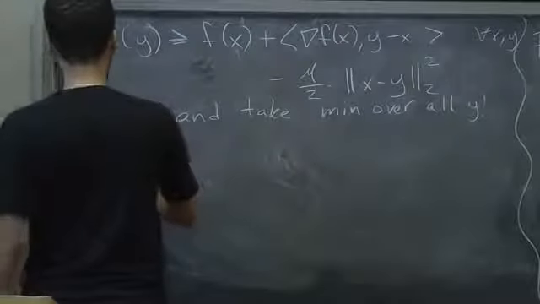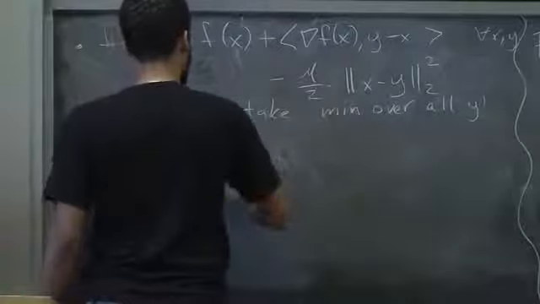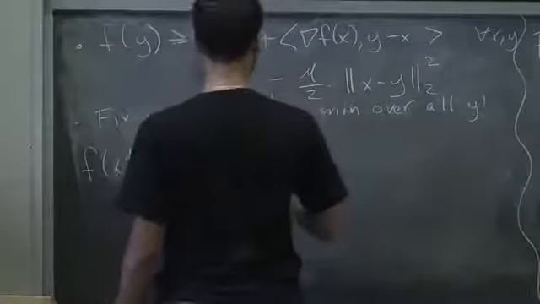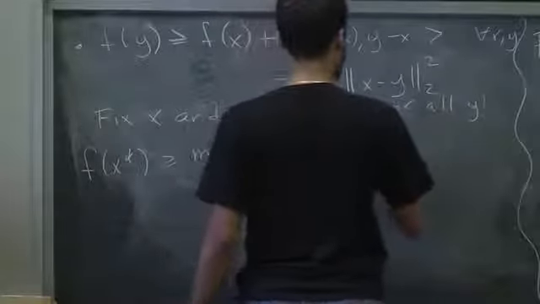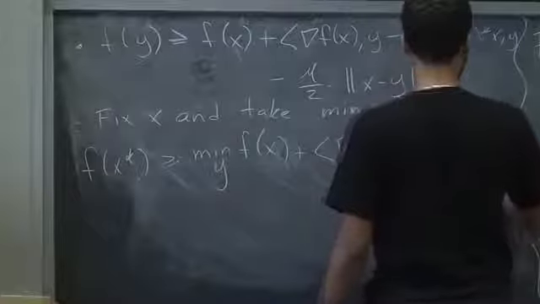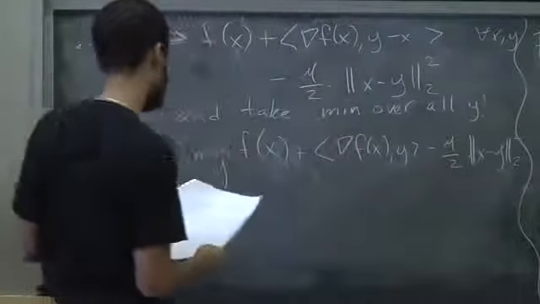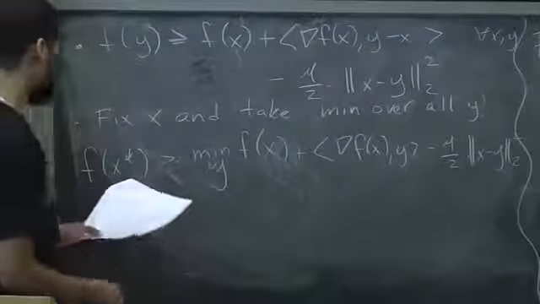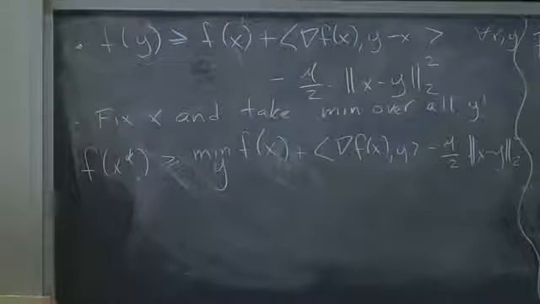So f of x star is at least the min over all y of f of x plus this gradient term, y minus x, minus mu over 2 times x minus y squared. And this thing, again, you can write down an explicit formula for when it's minimized.